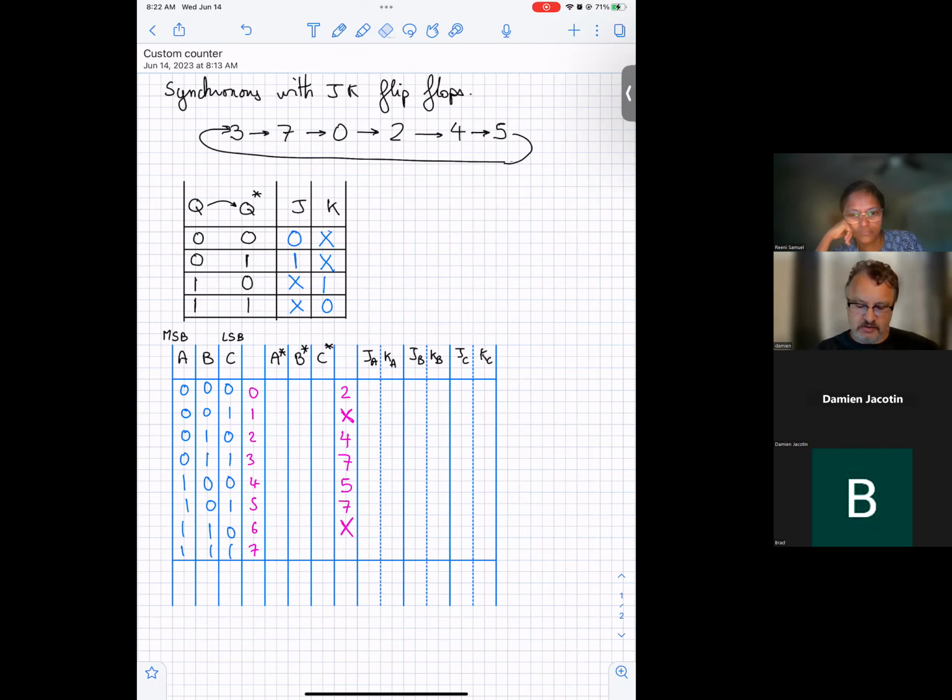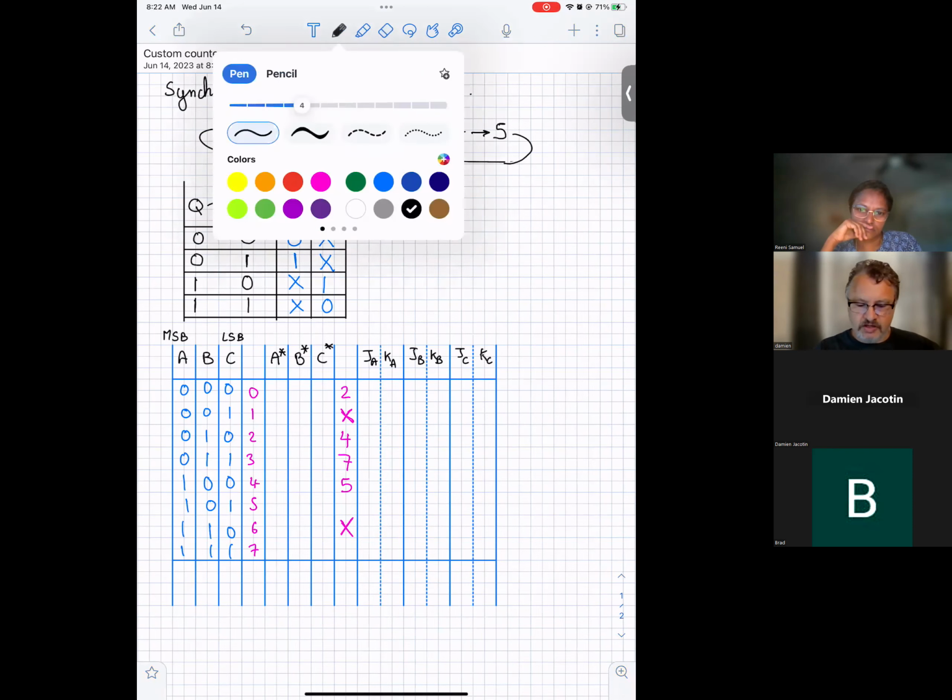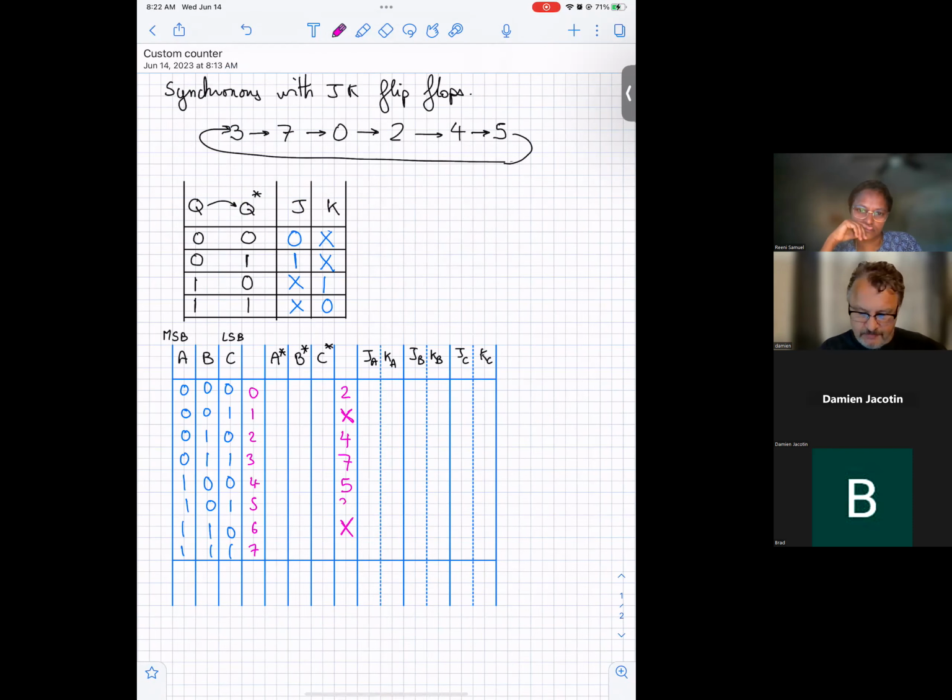Well, that means that up here, I'm going to have to remove this 7, and I'm going to write a 3 instead. After the 5, we get a 3. And after the 7, we're going to get a 0. Okay, and this is going to work just fine.